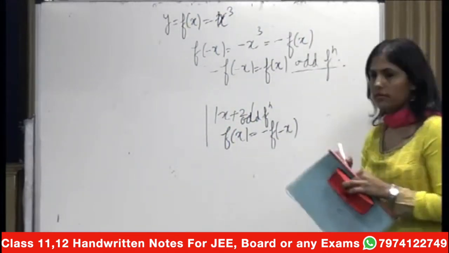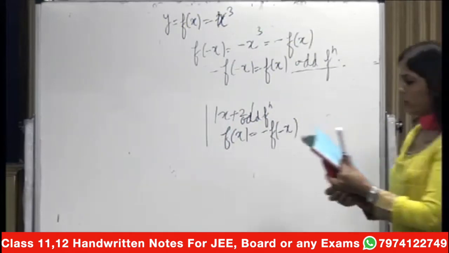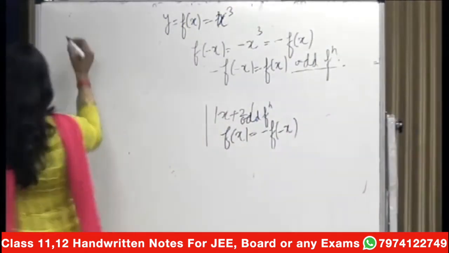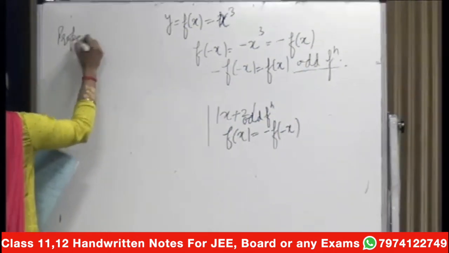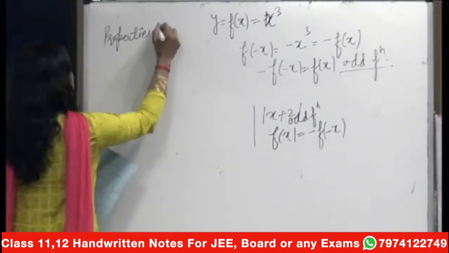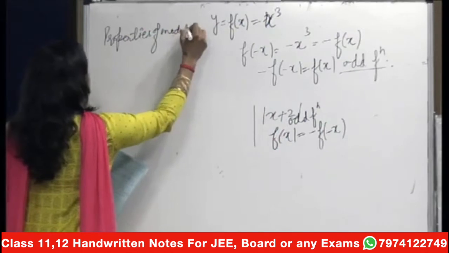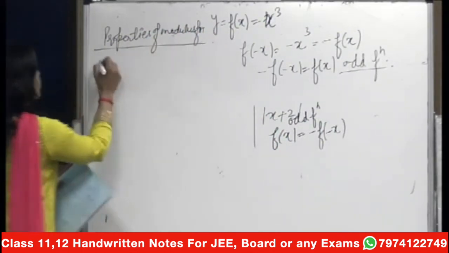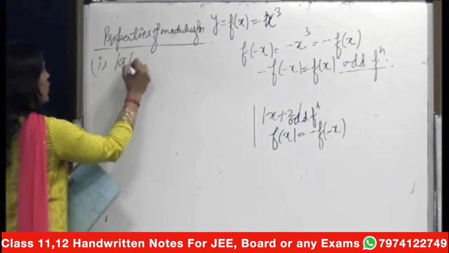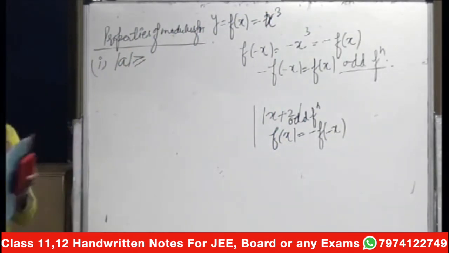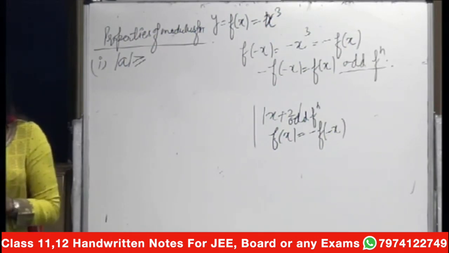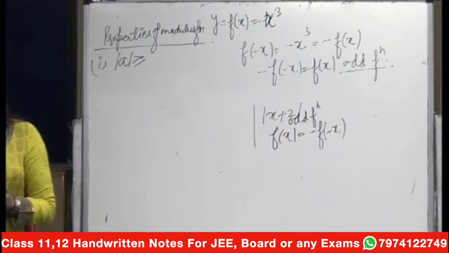Fine. Now I will write down some of the properties. First, this is basically the modulus of a real number we are understanding. There is also the modulus of a complex number, like the distance between any two points.